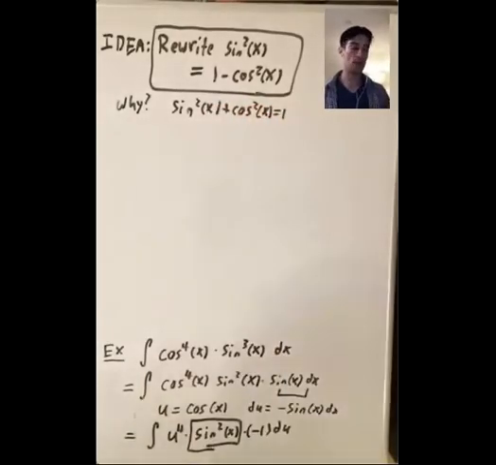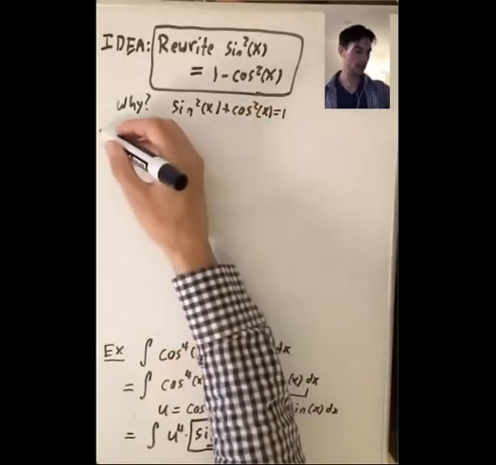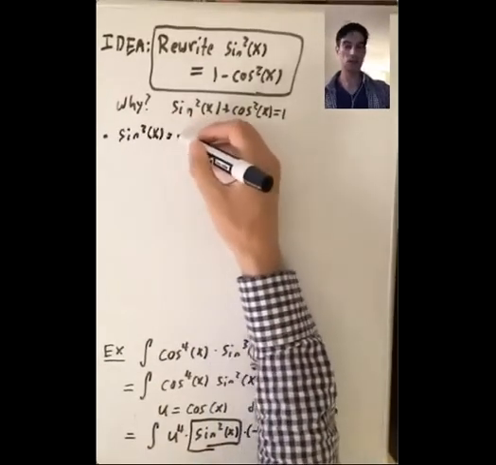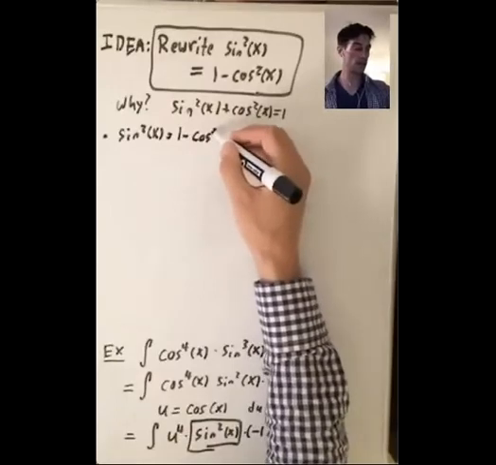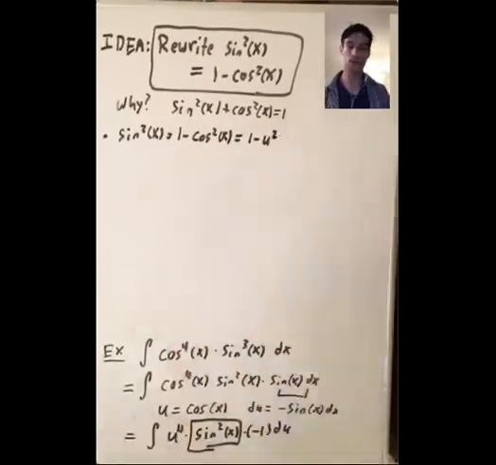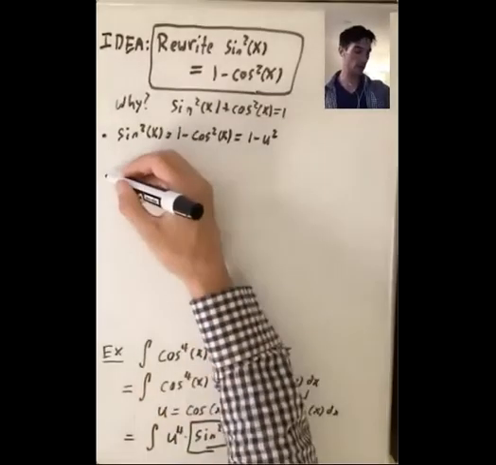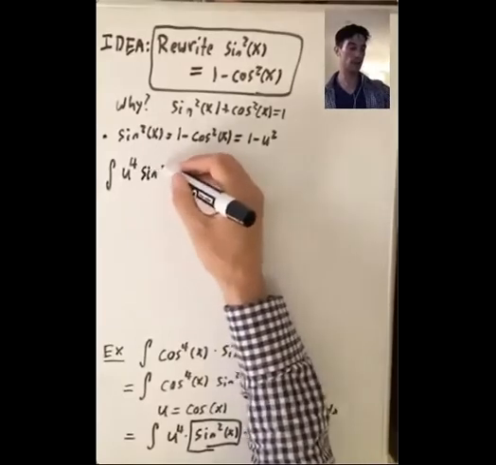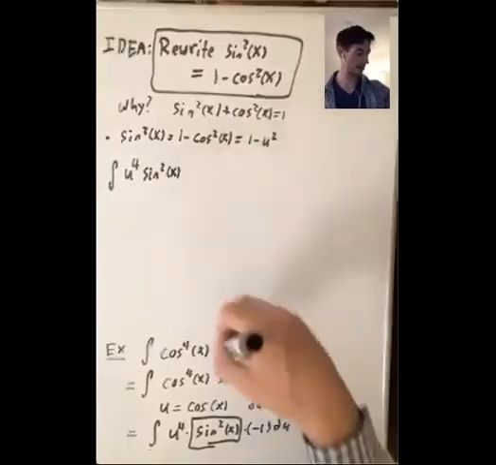How does that help us? Well, in this case, we have sine squared x equals 1 minus cosine squared x, which is equal to 1 minus u squared.